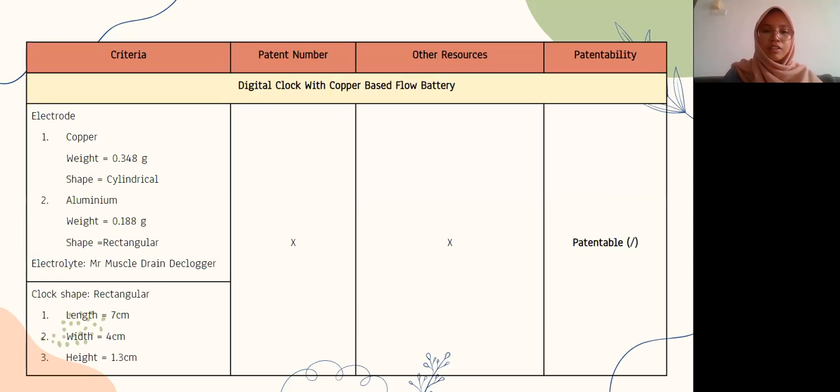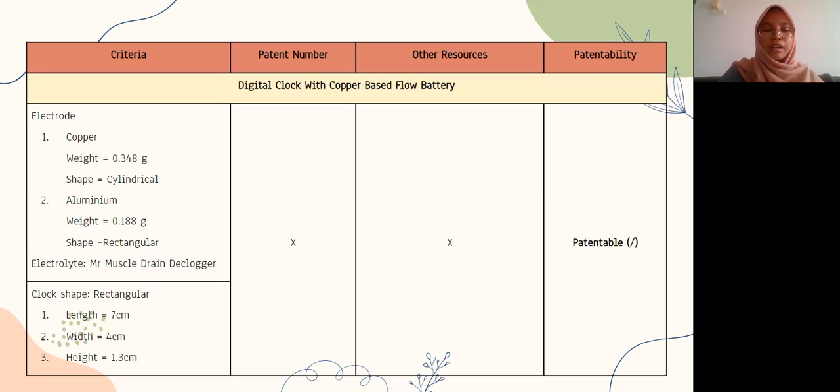Okay, so this is our product, the digital clock with the copper-based flow battery. For our process, we are using two types of electrode. The first is copper with a weight of 0.348 gram, and the shape is cylindrical. The second electrode is the aluminum electrode, with a weight of 0.11188 gram, and the shape is rectangular.